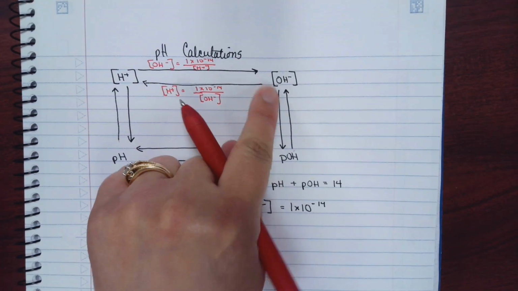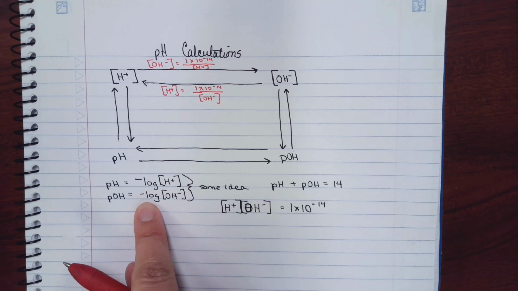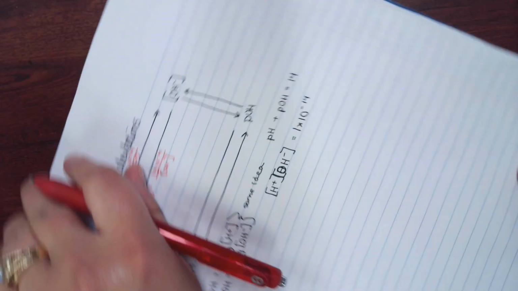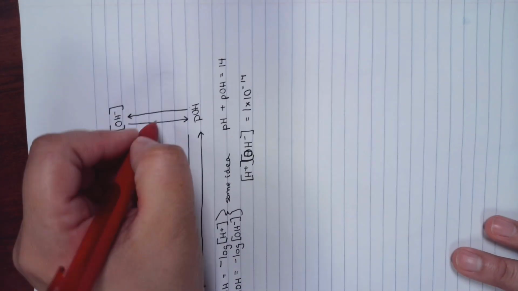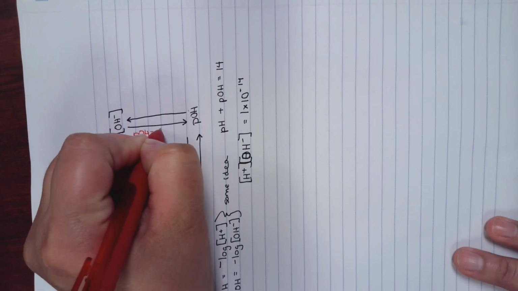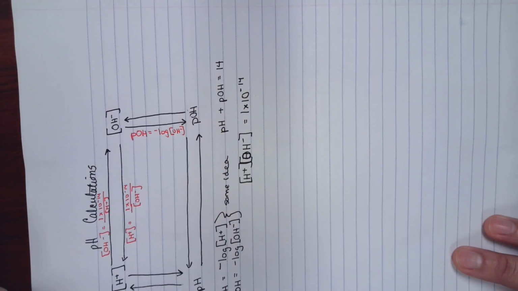All right? pOH to OH. So first of all, our normal equation, this one, if I'm trying to find the pOH, so going this direction, I'm actually going to rotate my paper so that I can do it correctly. My pOH is going to be equal to the negative log of my OH concentration. Okay?